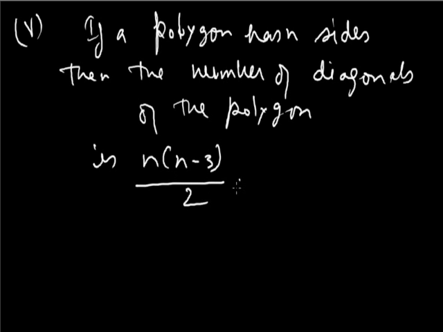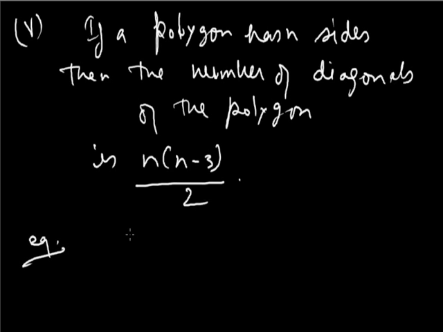Remember this result because it is very important and is used in solving various problems. All these 5 results are very important. The proof of these results we will do in higher standards, but at this point just remember them for solving problems. Now let us see one example.